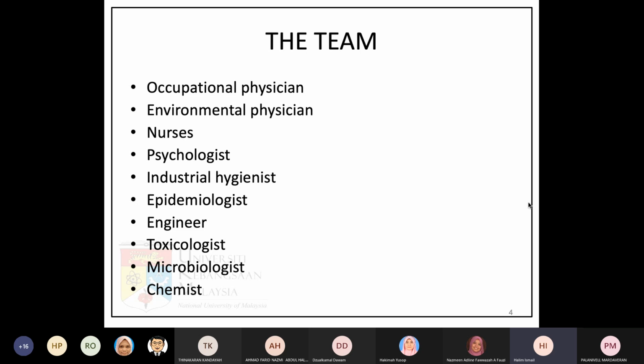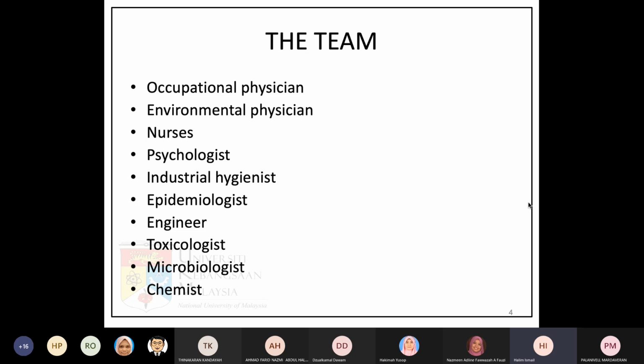You can have an occupational physician, an environmental physician, an occupational health nurse, and psychologists, because sometimes employees can have mental health problems. You have industrial hygienists, who actually do all the measurements and monitoring of hazards in the workplace. You need epidemiologists, you need engineers.